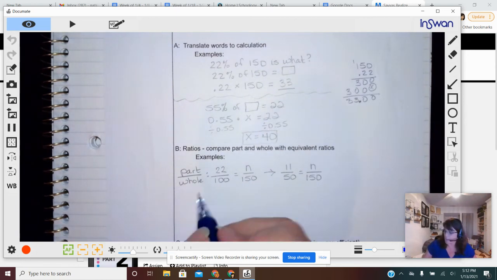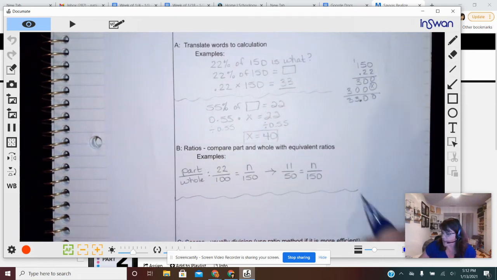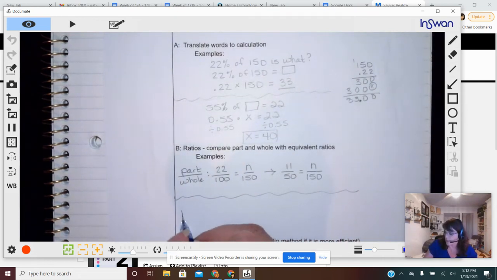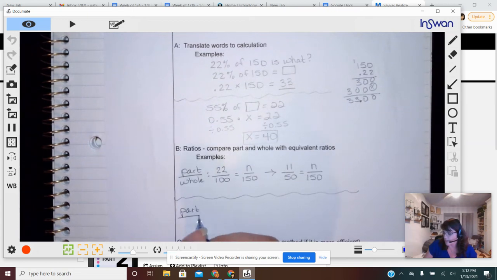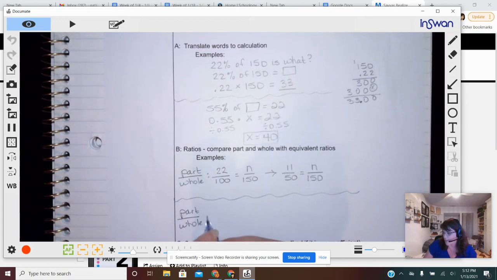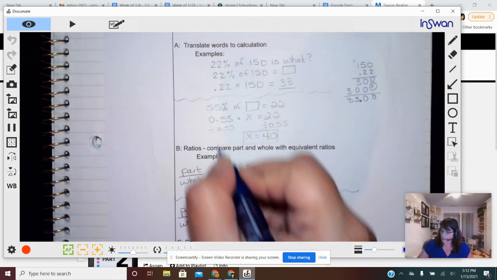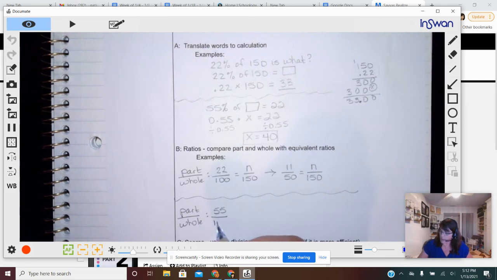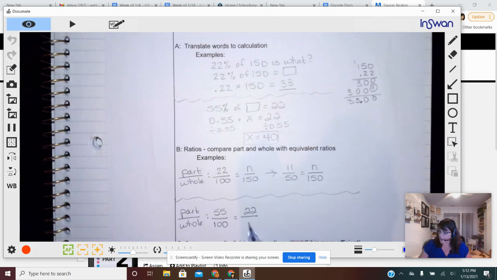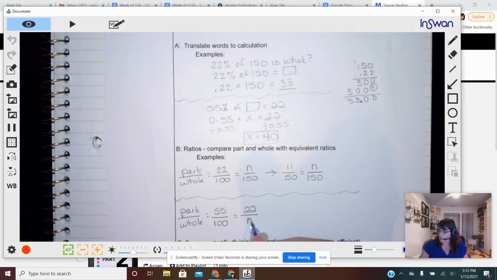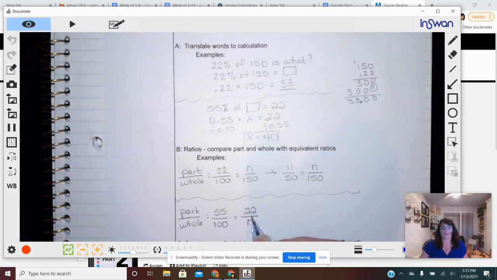Let's look at the other one, done in a ratio method. Part, whole. So this one's saying 55 parts of 100. That's 55%. Is the same as 22 out of, we don't know. We don't know what the original total was.